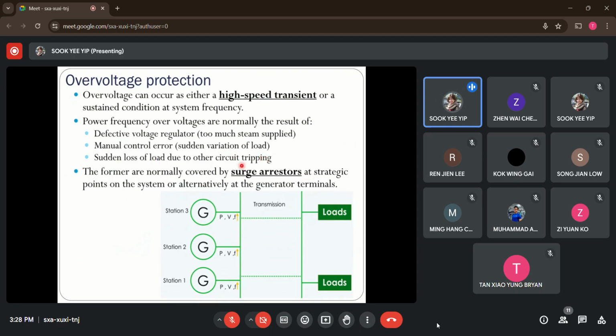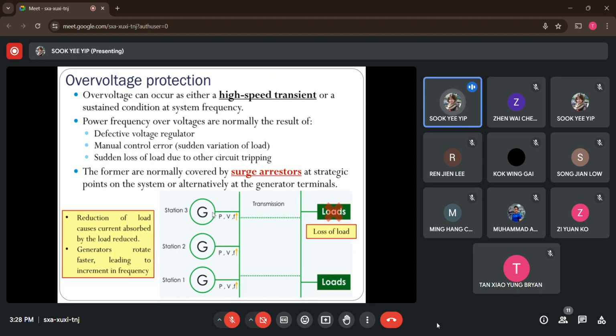We can use this diagram to further explain how sudden loss of load leads to overvoltage situations. We have a power plant with three generators supplying two loads at normal conditions, through the transmission line as well as the bus bar. Let's say we have a sudden loss of load.